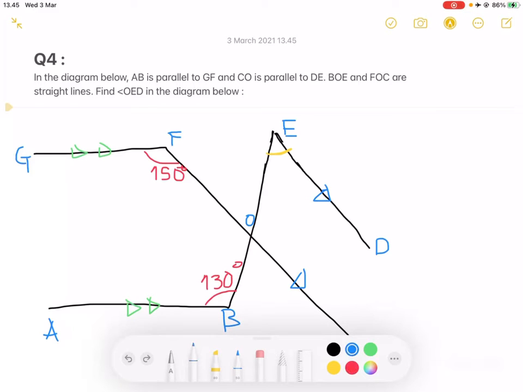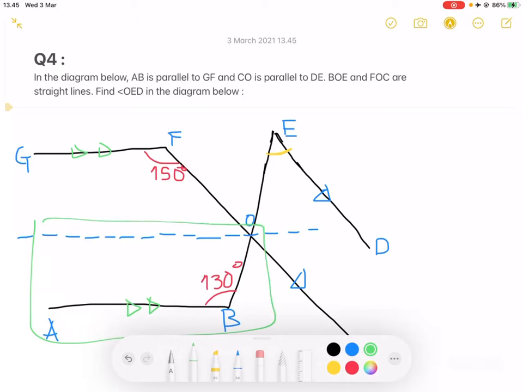However, if we sketch another parallel line, which is parallel to AB and GF, passing through this point O, we notice that there are some special angles. So for the first part, right here, boxed in green before, we know that by interior angles, this angle in blue must be equal to 50 degrees, since pairs of interior angles must add up to 180 degrees.